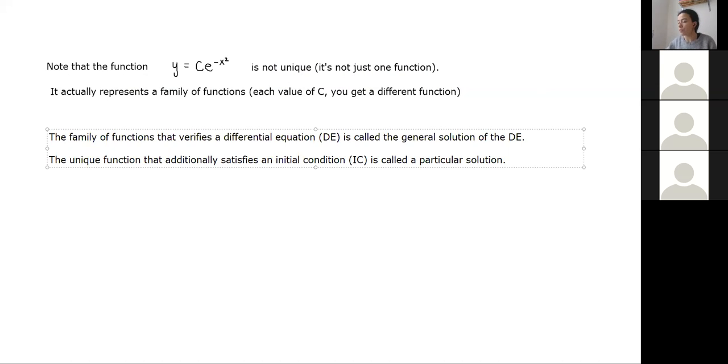Okay, so now we have two things. We have a general solution which satisfies just the differential equation, and we have a particular solution which satisfies the initial condition as well. Okay. Do I have any questions about this?